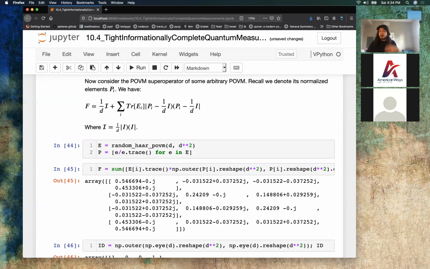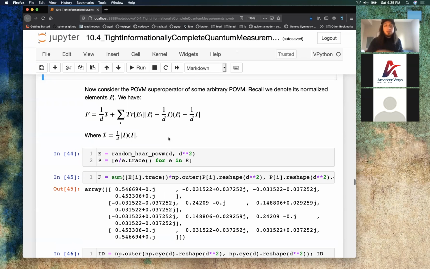Before, we were just considering an operator frame for the space of operators. But now we're going to think about operator frames specifically for this subspace of traceless matrices.